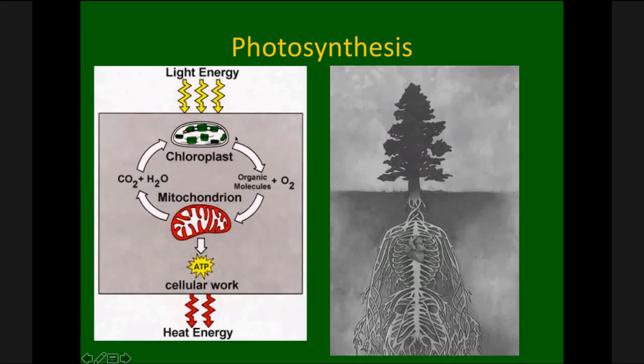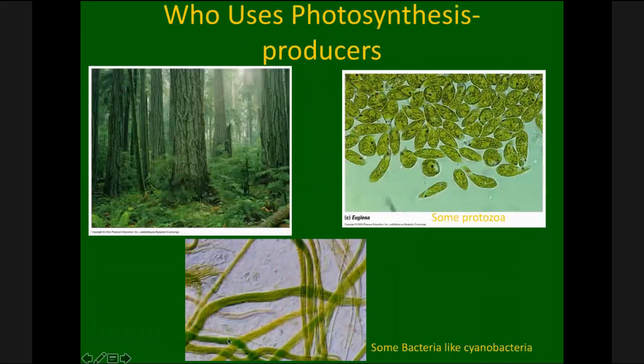All right, so remember that photosynthesis is going to be taking the products of cellular respiration, that CO2 and water, and using sunlight energy to reassemble the sugar molecules by attaching 6 CO2s to each other. You're going to take the hydrogen off of the water and use it to build the sugar, and you're going to yield as a byproduct that leftover oxygen. So photosynthesis is going to yield organic molecules and oxygen.